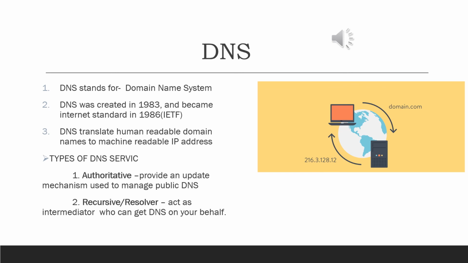For example, the domain name www.google.com will be translated to the IP address 172.194.39.78. Just an example. There are two types of DNS services. One is authoritative, which provides an update mechanism to manage public DNS, and the other one is recursive or resolver, and this acts as an intermediary who can get DNS on your behalf.